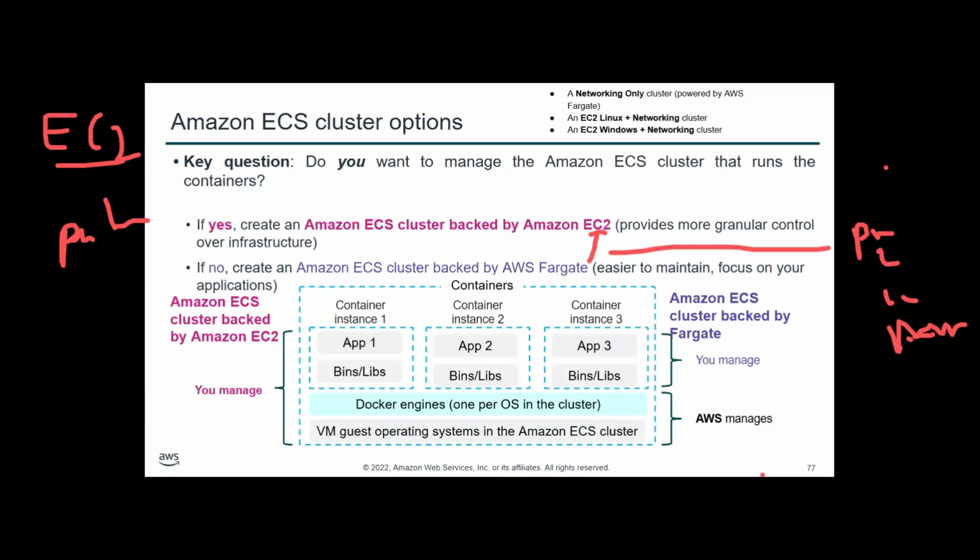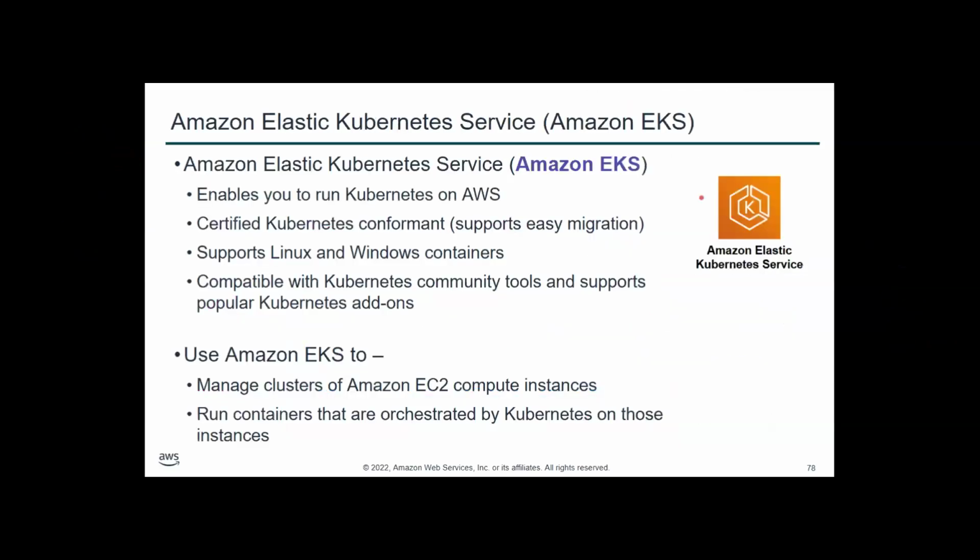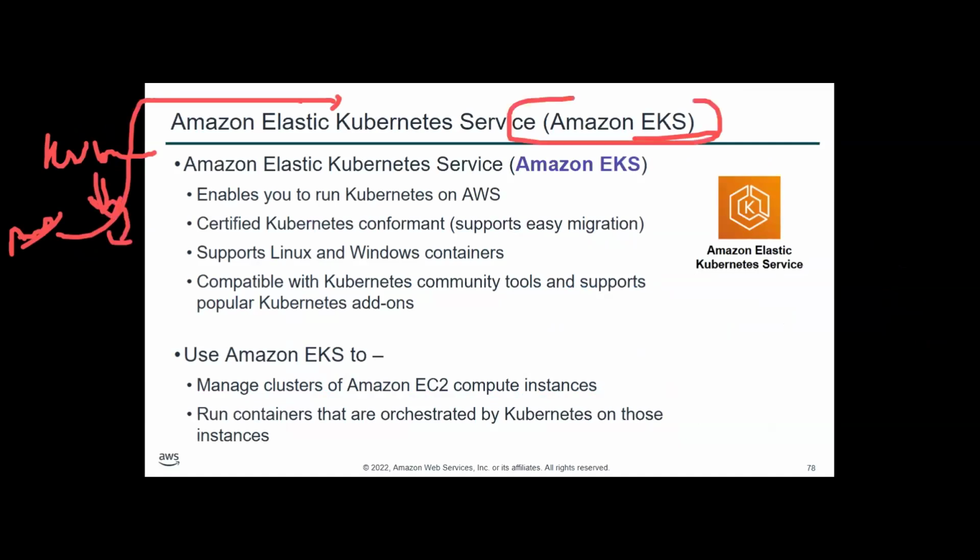Next one is EKS, that is Amazon Elastic Kubernetes Service. Some people may already be comfortable with Kubernetes, but not comfortable with AWS.